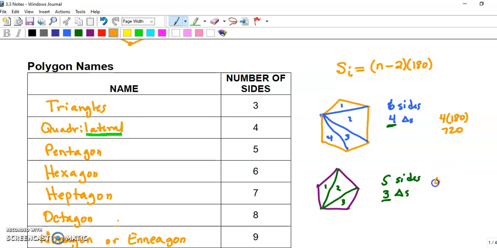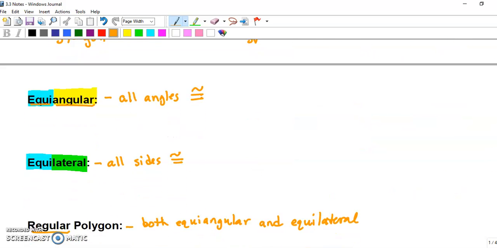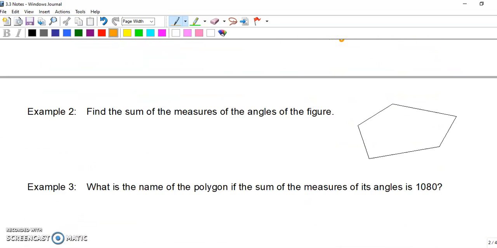Down here, if I do 3 triangles times 180 degrees, it would be 540 degrees. The triangles have 180, rectangles have 360, and then after that we need to use this formula. The sum of the interiors is n minus 2 times 180, where n is the number of sides.